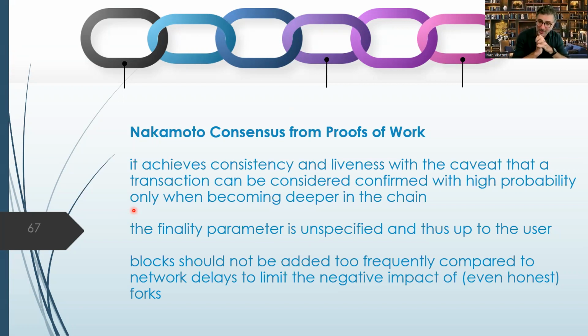To have a transaction confirmed, to say this is the state of the computer, you should cut the last 5, 6 blocks and then say this is the state, because the last 5 or 6 that you see are kind of unstable. They could disappear. This means that when a block is added, you have to wait about an hour to be sure the transaction will be permanently there. And this has impact on the applications.